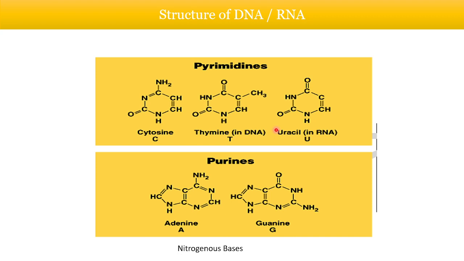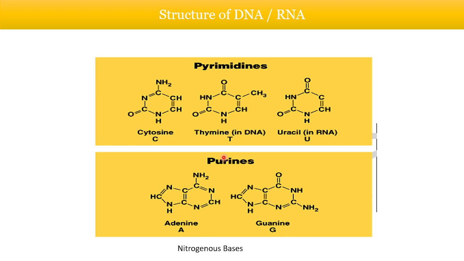So first of all, you need to remember which of these lies in which category. The pyrimidines include cytosine, thymine, and uracil, and the purines include adenine and guanine. And then you have to remember the side chains. You can remember it like this: cytosine has a CO, and cytosine is involved in hydrogen bonding with guanine.